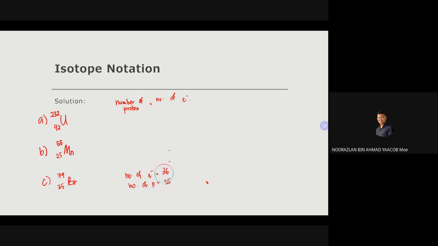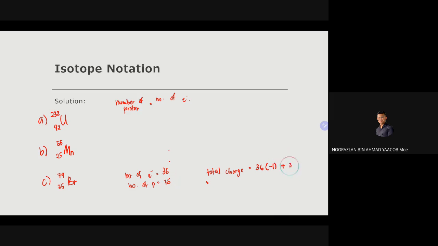So electron terlebih 1. Macam mana kita nak kira total charge ni sebenarnya? Nak kira total charge, you should be able to think of it. Tapi kalau tak dapat, let's have a look. Number of electron adalah 36. Dan setiap satu tu, each of the electron membawa charge negatif 1. Kita tambahkan sahaja dengan charge proton.